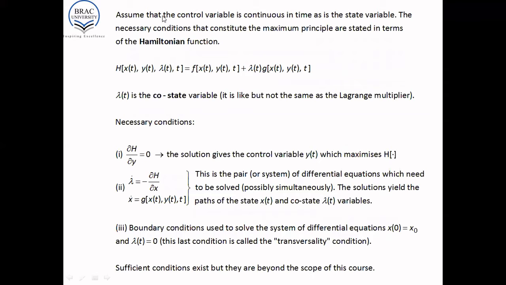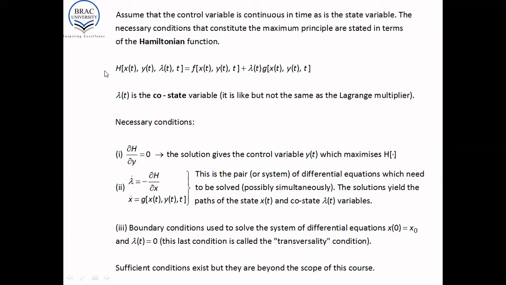Now assume that the control variable is continuous in time, as is the state variable. Then the necessary conditions that constitute the maximum principle are stated in terms of the Hamiltonian function. This is a bit like the Lagrangian function.